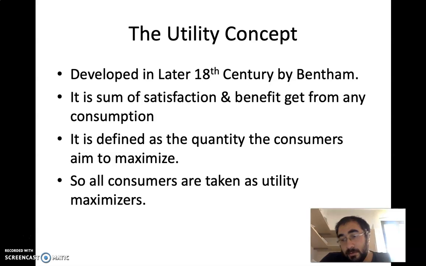And they say this utility concept would be a useful concept to develop economics, especially the microeconomics framework, because in the end, all consumers are utility maximizers. All consumers want to get as much utility, as much benefit, from everything they buy as possible, just like Bentham taught.